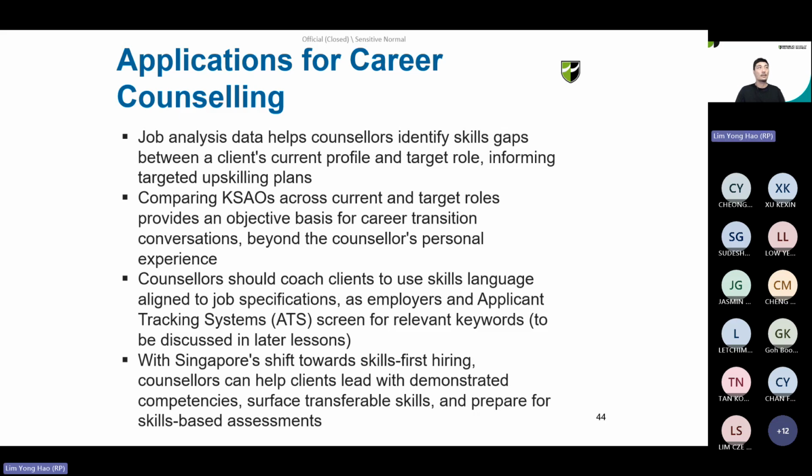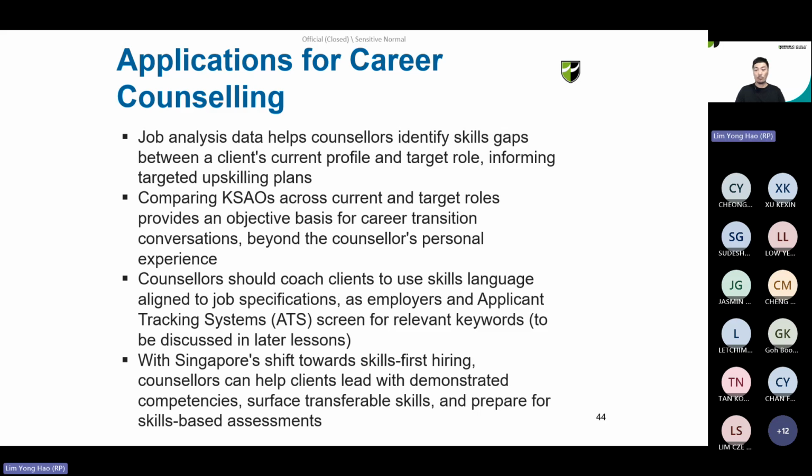So this is providing actionable plans for the client. If they are really motivated to move into a certain thing, where do they need to work on so that they can find themselves going into the industry?